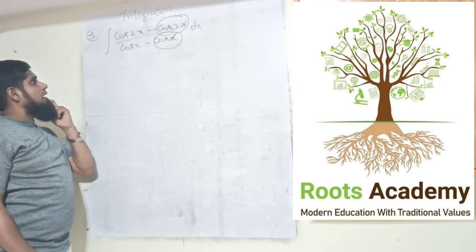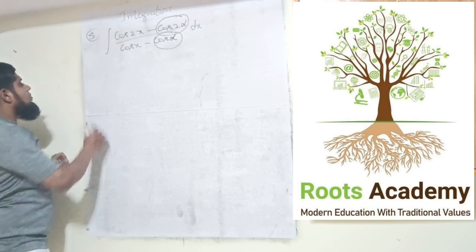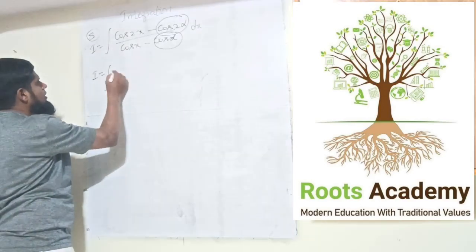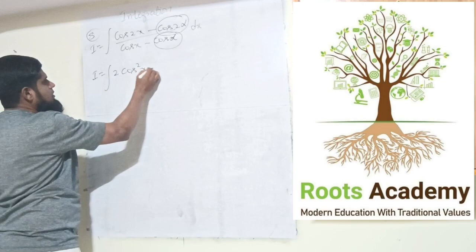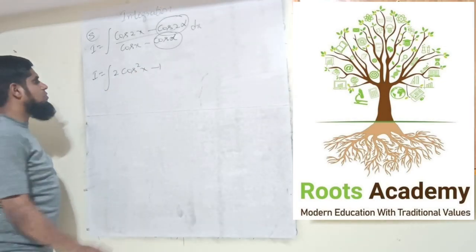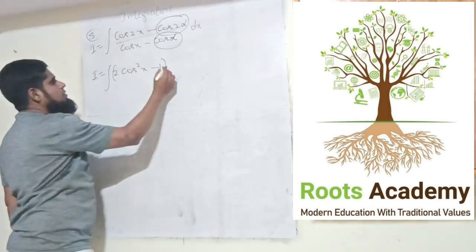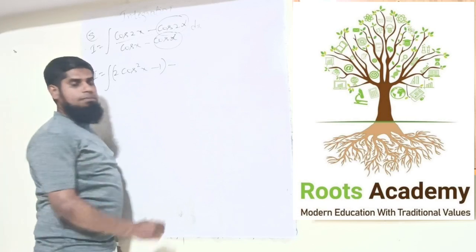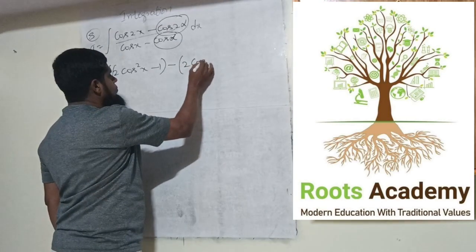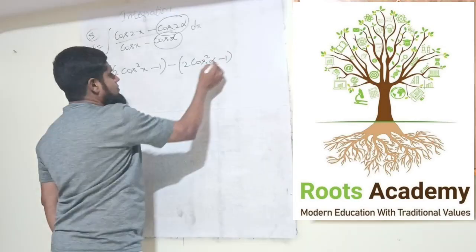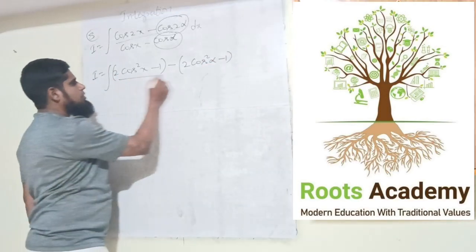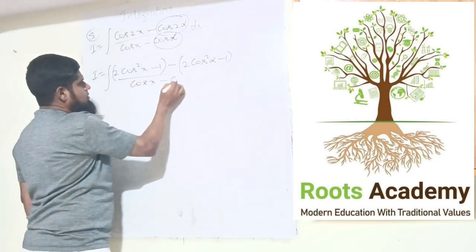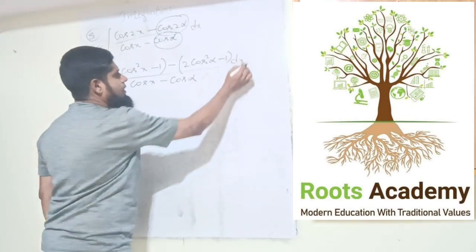So I will take the cos 2x formula, and one of the cos 2x formulas is: cos 2x can be written as 2 cos square x minus 1. This is the direct formula. Same formula for cos 2 alpha: cos 2 alpha can be written as bracket 2 cos square alpha minus 1. Denominator no changes, as it is, cos x minus cos alpha into dx.